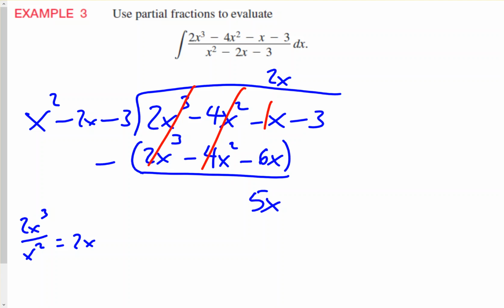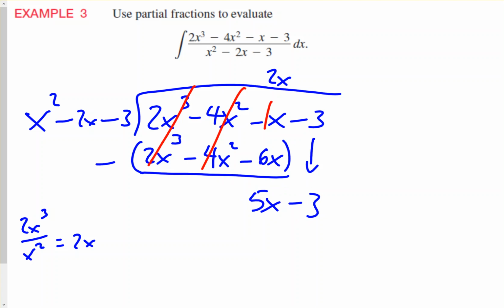It's like negative 1 plus 6, so you have plus 5x, and then you want to bring down the minus 3. Okay. And now can you divide 5x by x squared? You cannot, right? So we stop there.